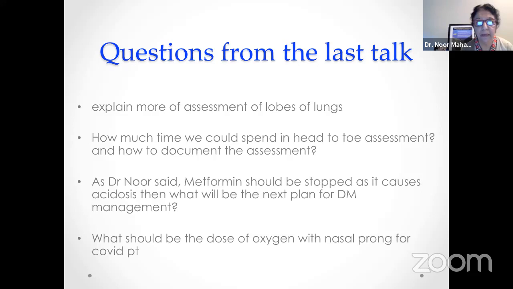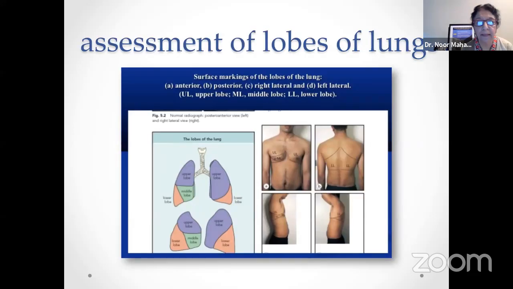The lobes of the lung, as you know, there are 3 on the right, 2 on the left, and if you auscultate all of them, then you can tell where the problem is. In our patient, the left lower lobe was affected, and possibly you could hear some crackles or some dullness to percussion when you percuss over the left lower lobe. So you can go through those handouts, and if you have any questions, please feel free to ask us.